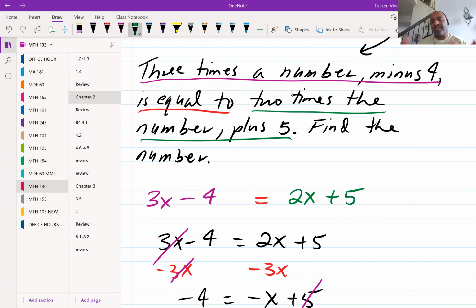So this one was kind of straightforward versus the first one we did. This one's more straightforward, just actually saying minus 4 and plus 5 versus saying keywords like sum of or the difference or something like that. So we have 3x minus 4 equal to 2x plus 5. All right, and they ask us to find the number. So before we do that, anybody have any problem with the setup? So we are right here currently.